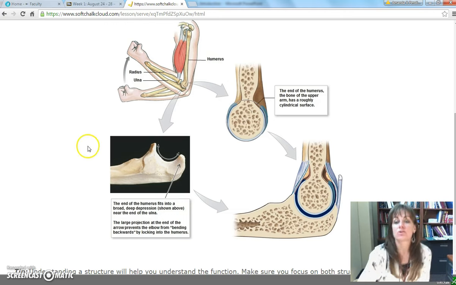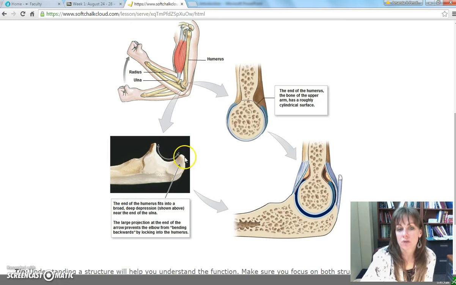Then we look at the structure. You notice that this bone of the lower arm has this little notch, here it is right here, around the upper arm bone.